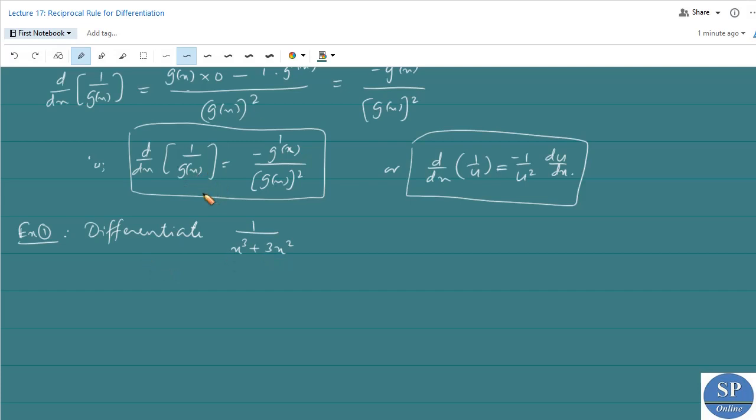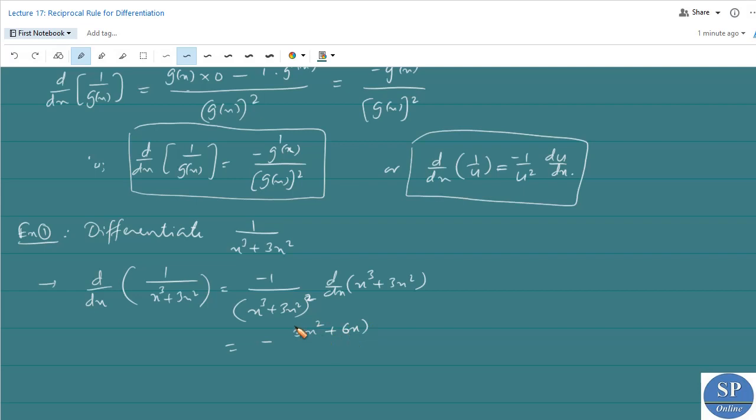So by the reciprocal rule we have d by dx of 1 by x cube plus 3x square is nothing but negative 1 by u square, or g square, that is x cube plus 3x square whole square, into d by dx of this g of x, that is x cube plus 3x square. So this is equal to negative of derivative of x cube plus 3x square, which is 3x square plus 6x, divided by x cube plus 3x square whole square.